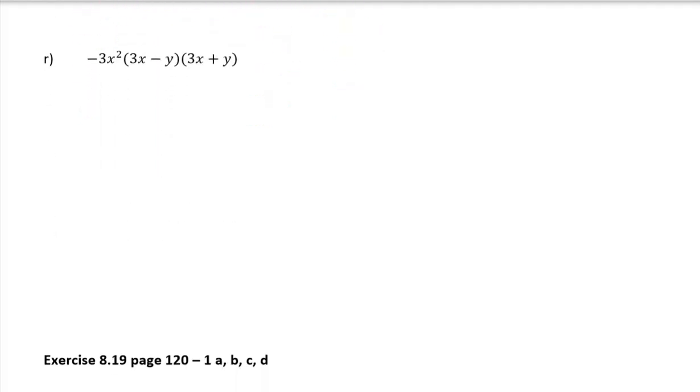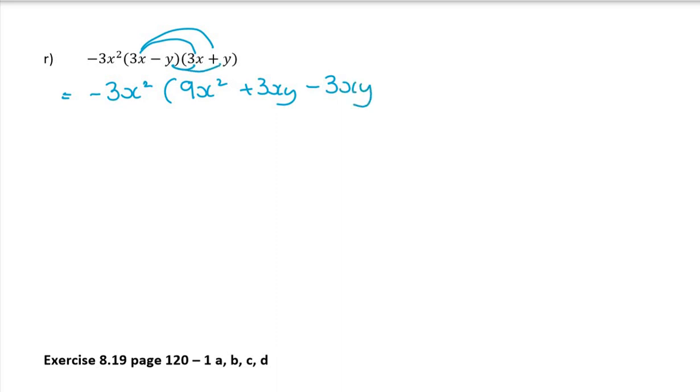Okay, and my last one, only slightly more complicated because the factor outside has its own variables. So multiply my, oh, now I see this pattern again. So this is 9x squared, and this will be plus 3xy, and then minus 3xy. So those middle terms are going to cancel, so that makes my life easier. Minus y squared. So indeed, the middle terms cancel, and so I land up with 9x squared minus y squared.